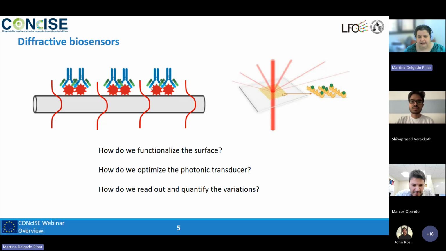And then the other things are how we are going to design and optimize the photonic transducer to make the sensitivity and detection limit of these biosensors the best available. And also we have to design the way we are going to read out and quantify the variations that we can measure.